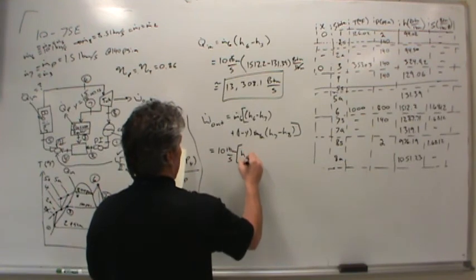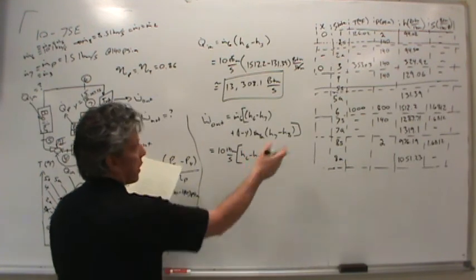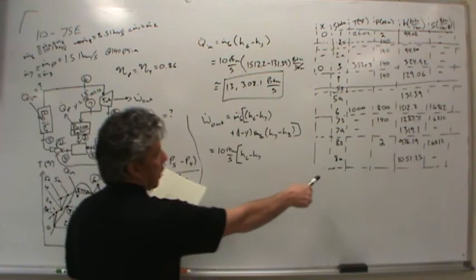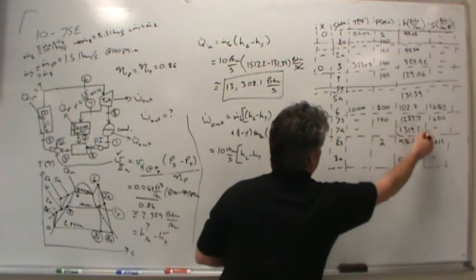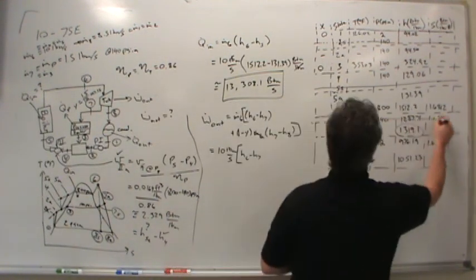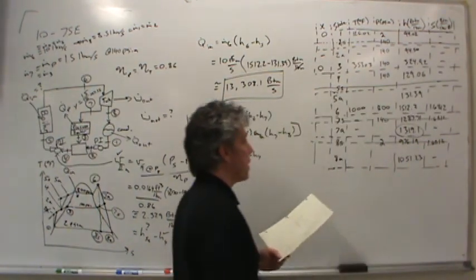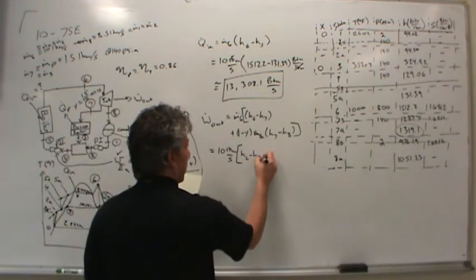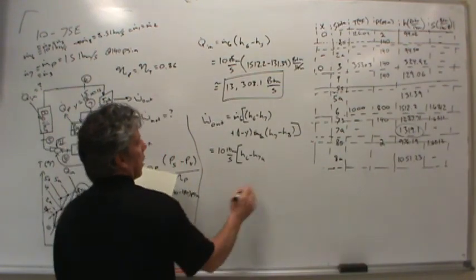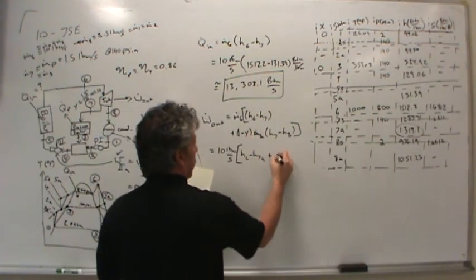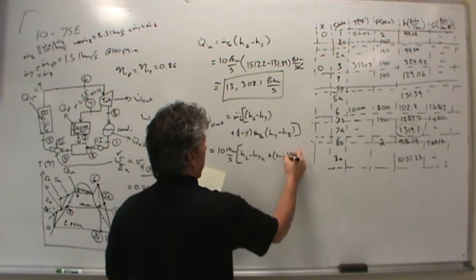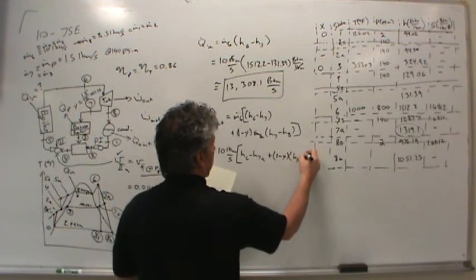H6 minus H7. I'm just going to write it in because it would take up too much space. But you've got state, and notice I'm using state 7A, right? We don't care about state 7S anymore. We don't really care about state 8S anymore for the same reason. We want the actual numbers, right? Plus, let's see, 1 minus y multiplied by H7A less H8A.